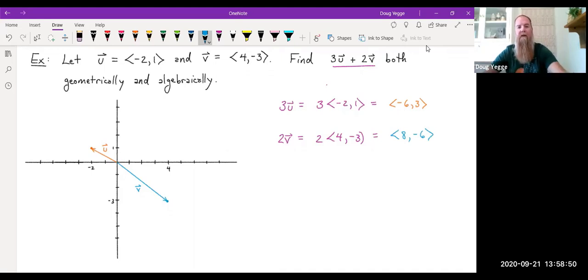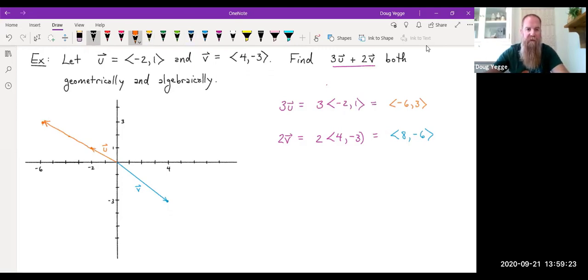So if we graph each of those, then notice that -6, 3 is going to be at the x coordinate of -6 and the y coordinate of 3. And so notice that that's going to be at this point here. But notice that that's just going to be another vector u and another vector u, which means that that entire length is going to be 3u.